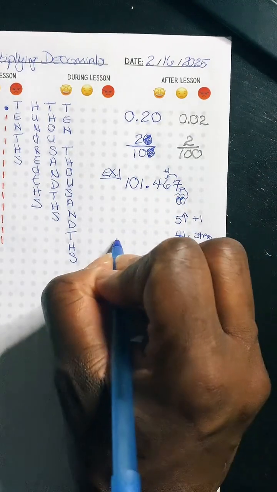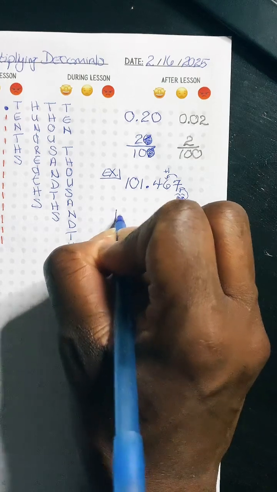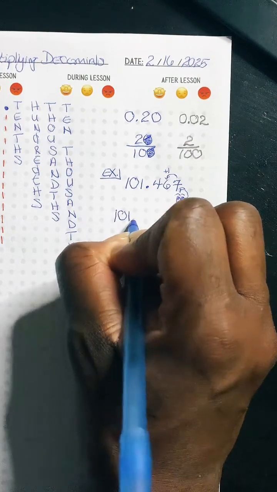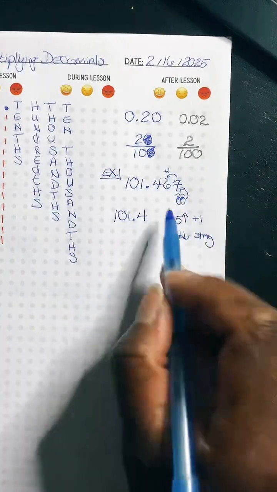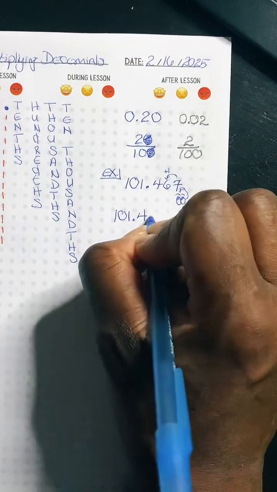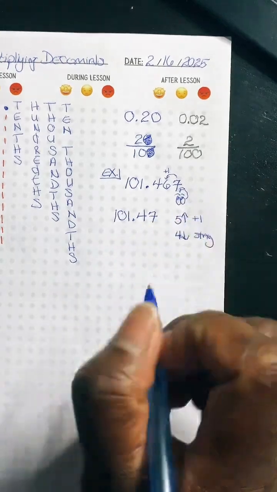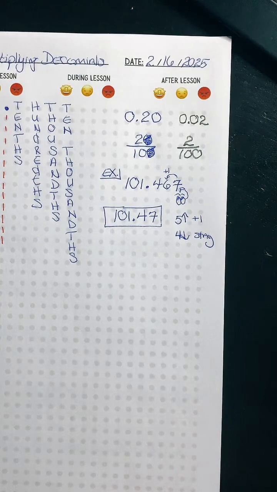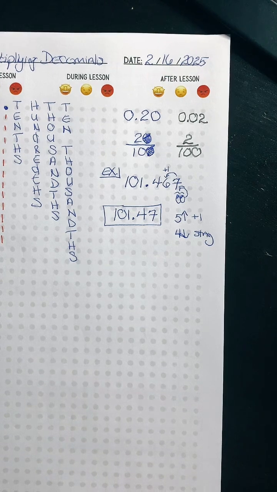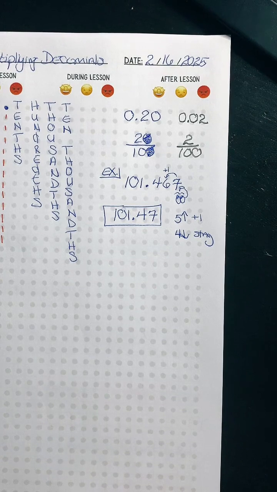So my actual answer is going to be: the 101 stays exactly the same, the 4 stays exactly the same, but now that 6 turns into a 7. Yes, okay. So that's basically what's happening.